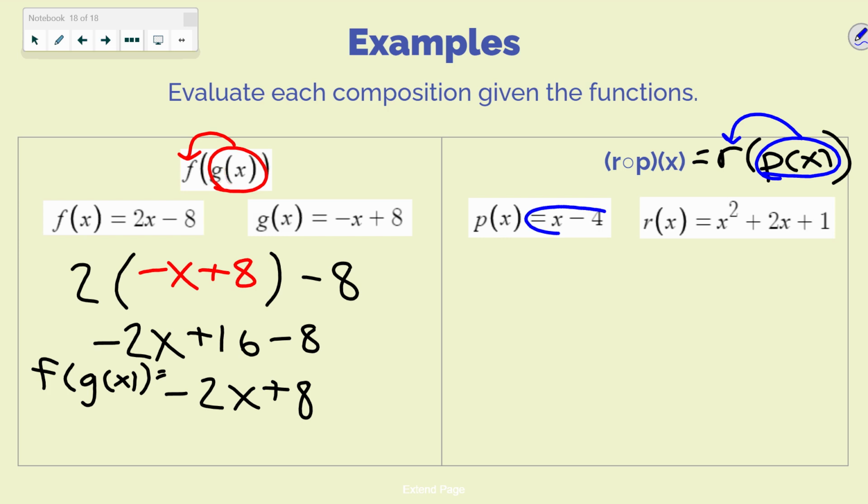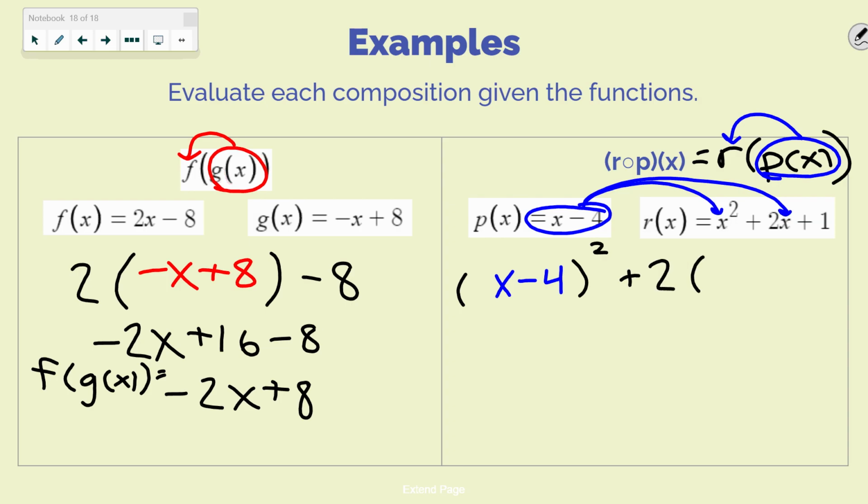So p of x is x minus 4, and everywhere I see x, I'm going to replace it with x minus 4. Yep, so it's x minus 4 all squared, because that's what r of x tells us to do. And then it's going to be 2 times an x plus 1. But instead of x, we use the p of x function, which is x minus 4.